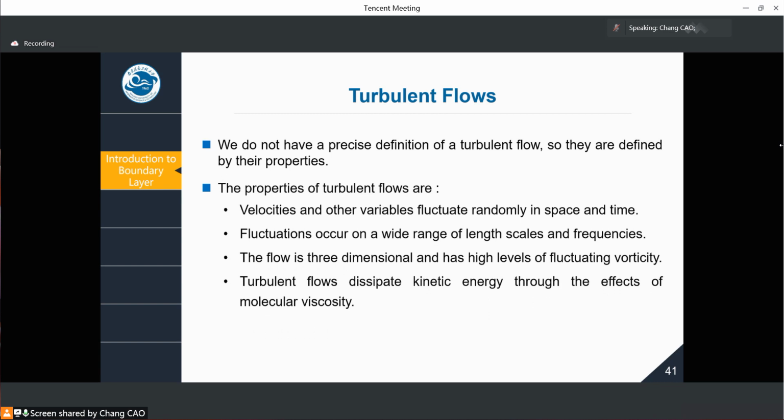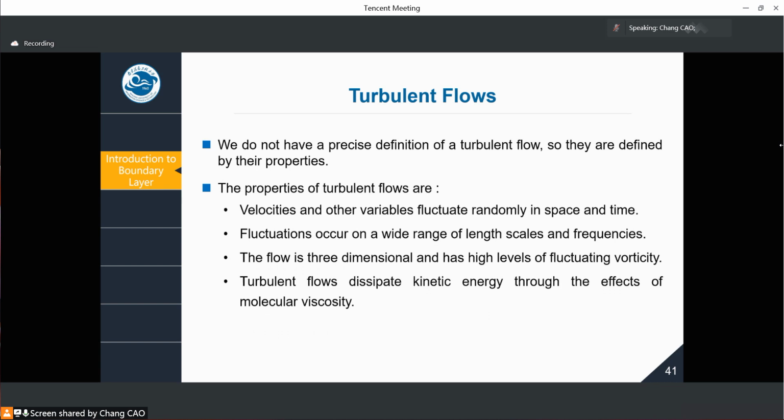We already talked about viscosity, right? And we already know that the flow in the boundary layer is viscous. So molecular viscosity is, we can say, the only way for turbulent flow to dissipate the kinetic energy. We will also talk about it later.